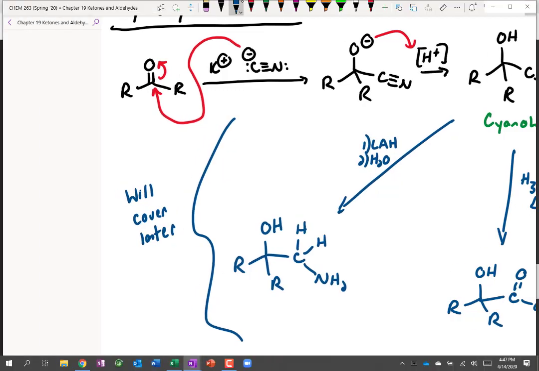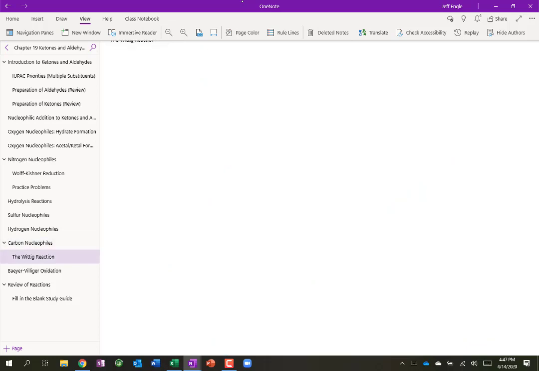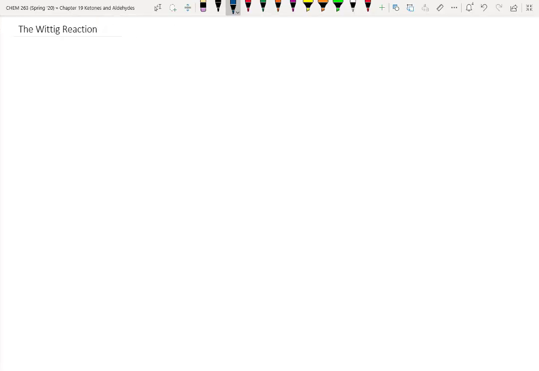All right. The most powerful carbon nucleophile is called the Wittig reagent. So let's take a look at how this is different than a traditional carbon nucleophile. And we'll start out by looking at an overview, and then we'll dive into the mechanism. All right.